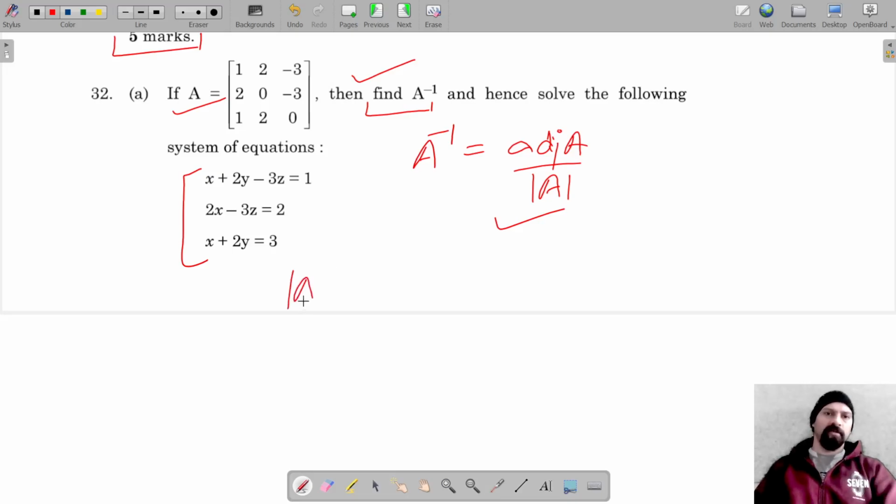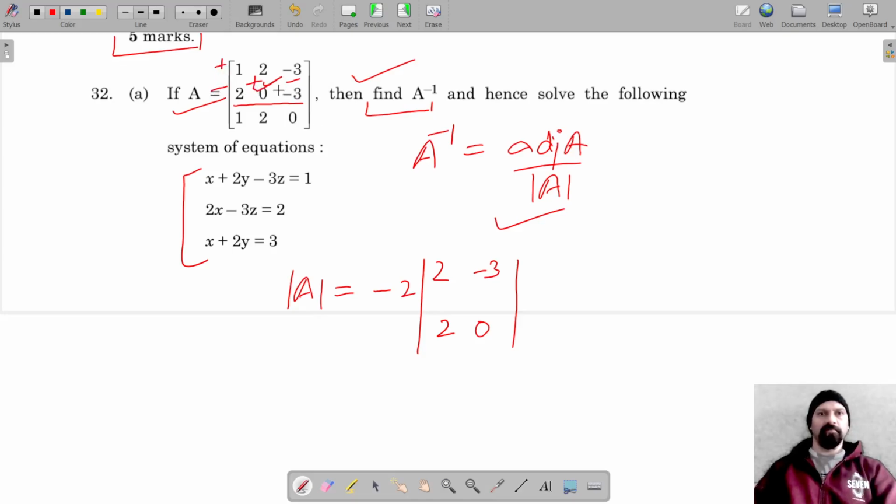Let's find the determinant of A. I'm going to expand along the second row, because we have 0 in this. So the signs are negative, positive, negative. The first one is negative 2, and removing the row and the column for this, we are left with 2, negative 3, 2 and 0. For the second one, we need not take 0, just go to the last one.